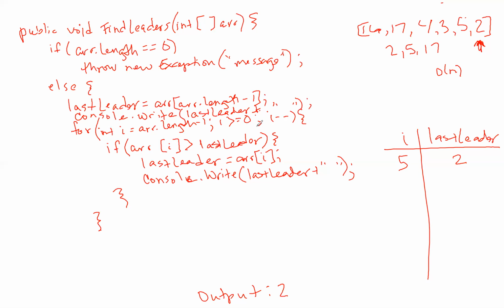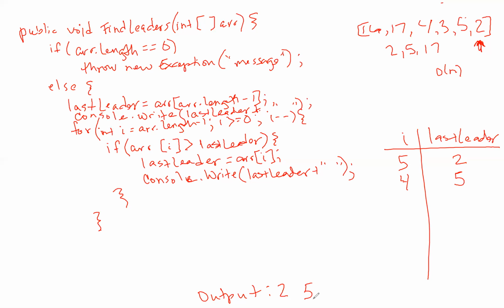If array at i, which is 2, is greater than lastLeader, which is also 2, it will not go into this. We go back, i minus minus. i is now 4. 4 is greater than or equal to 0. So we go in and say, is array at i, which is 5, greater than 2? It is. So we know we have a new last leader, and we're going to output that.